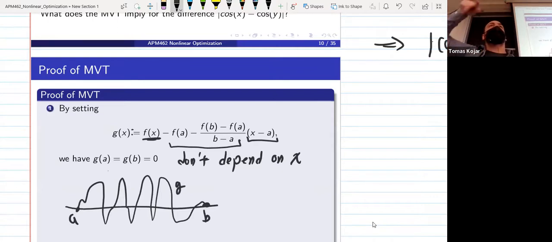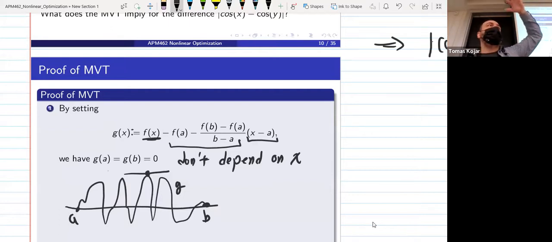It does something like this, and then it comes back, and we're going to prove that there exists a peak, and you can put a tangent line on it. That's the intuition.